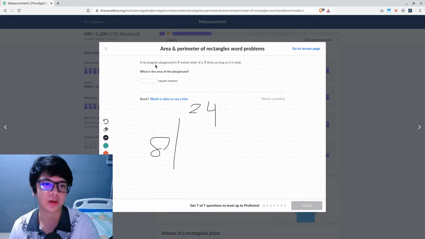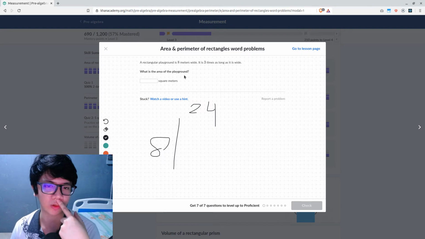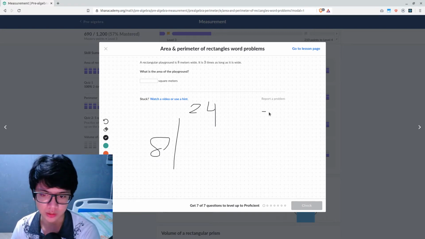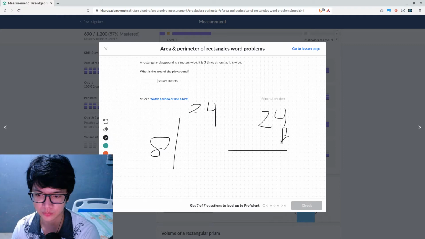A rectangular playground is 8 meters wide. It is 3 times as long as it is wide. What is the area? Okay, so we have 8 by 24, right? So 24 times 8.